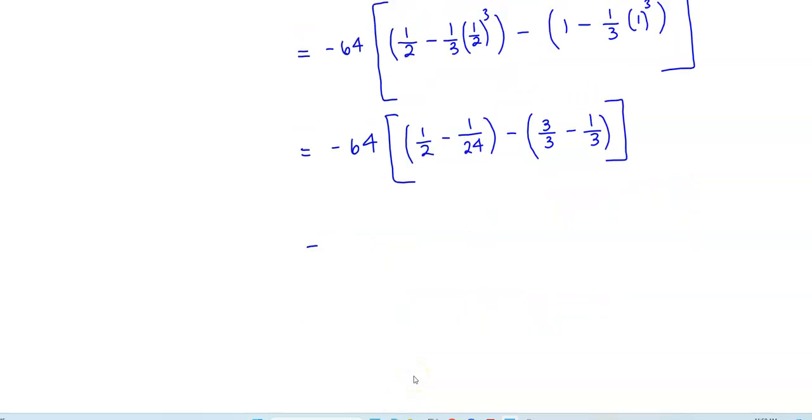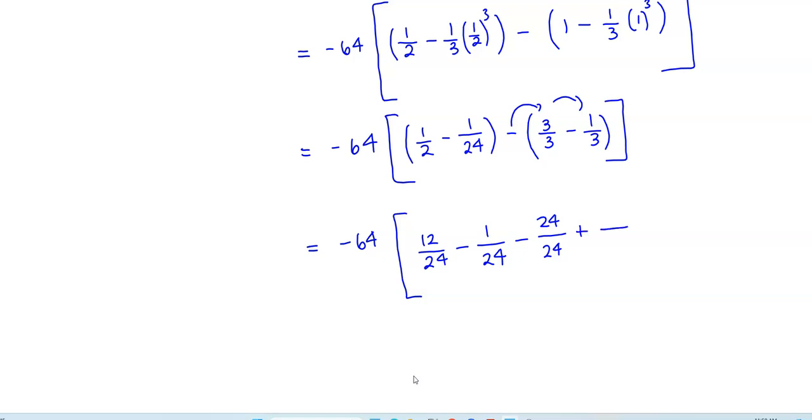Okay, so let's find a common denominator. We can see that the common denominator is going to be 24. So we have 12 over 24 minus 1 over 24. And then let's distribute those. So we have minus 24 over 24, and that's plus 8 over 24.